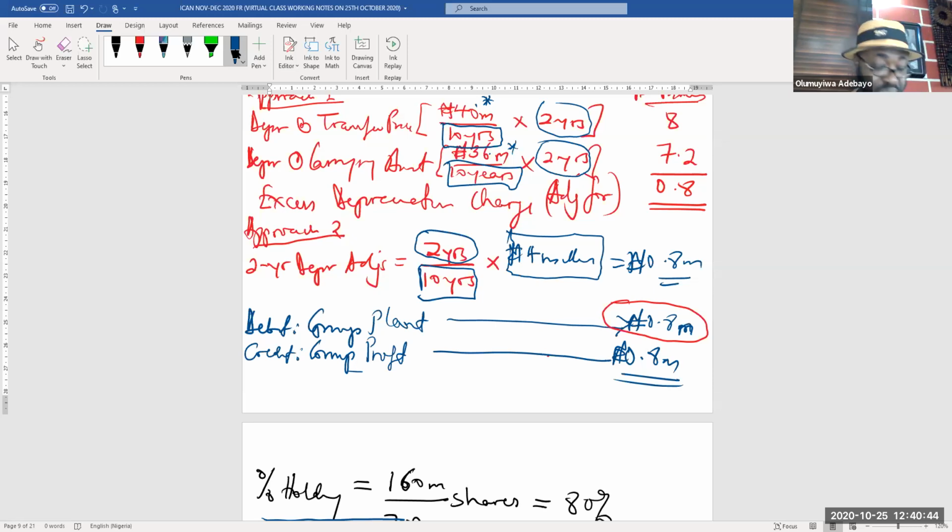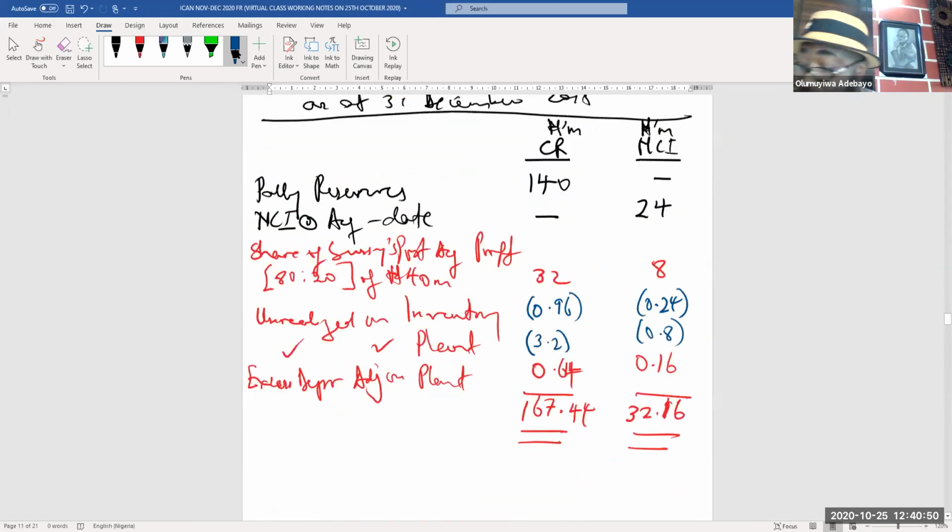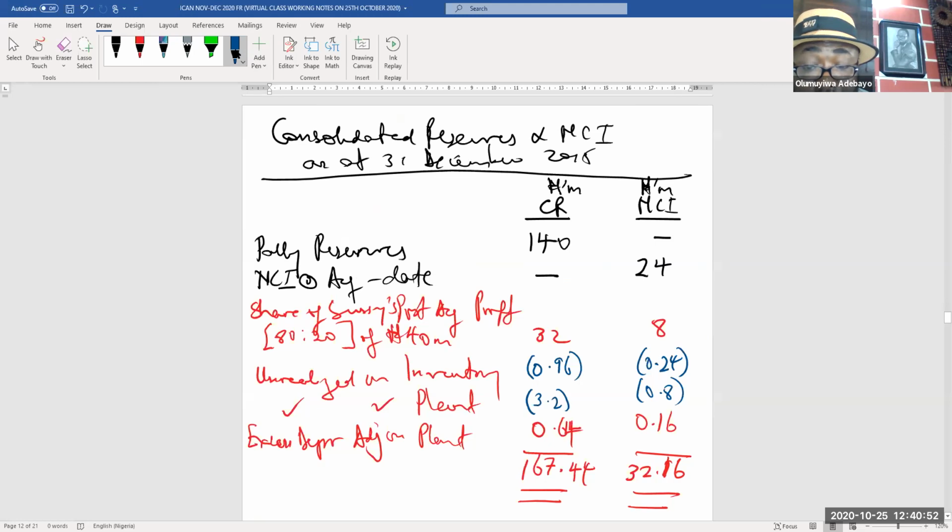That's what I'm saying. Now, in that case, we come here to say, the year before we adjusted both the parent and NCI, but we later recognized that in this question now, NCI has no business in it. Rather, the whole effect of that depreciation adjustment of 0.8 should solely be that of the parent. In that case, what then do we do?